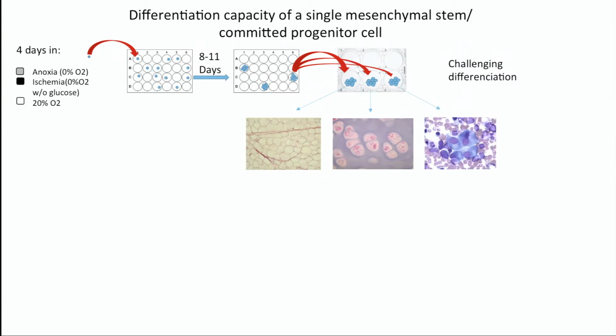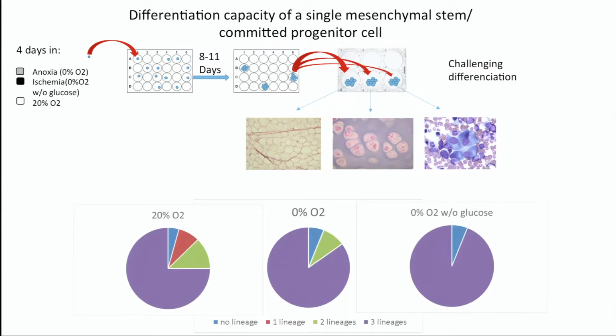That means that the cells issue from ischemia, at the level of primary colonies, we eliminated some progenitors while others with a very high proliferative capacity were maintained.